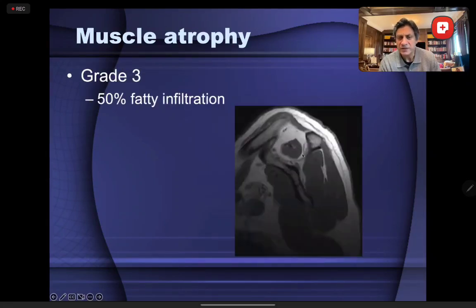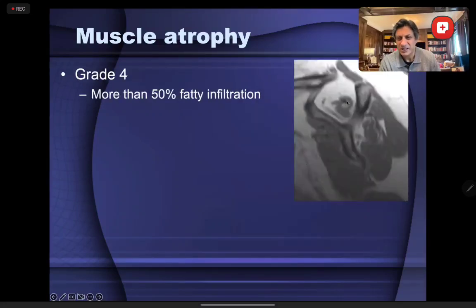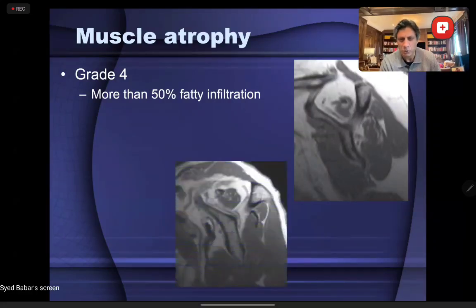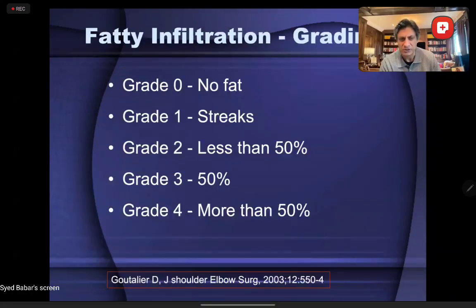When you see more fat in the fossa, less muscle, you call it grade 3. And when you see streaks and complete replacement of the fossa with more fat and very little muscle, you call it grade 4. So you can read, this is called Goutallier's classification. You can read it if you want to, but it's quite straightforward. In other words, just visually say if there is or isn't fatty atrophy of the muscle. Just warn the surgeons if there is or isn't.